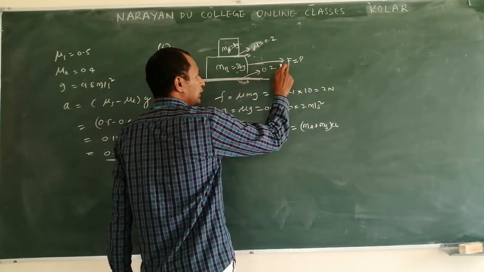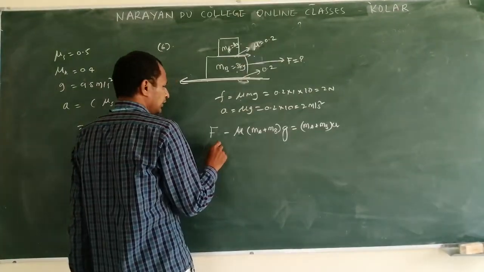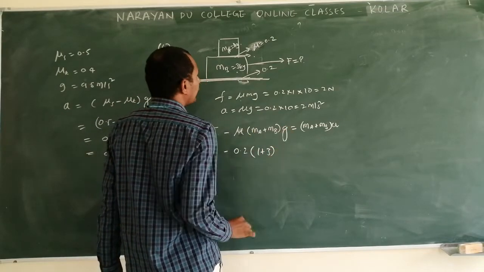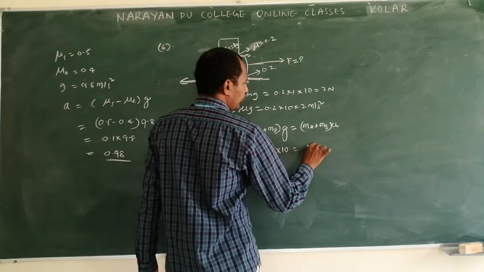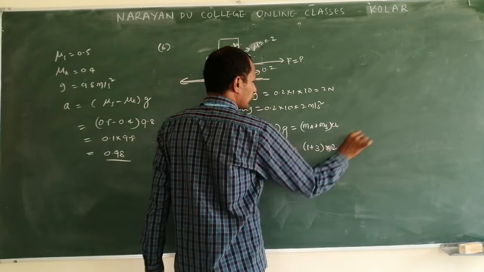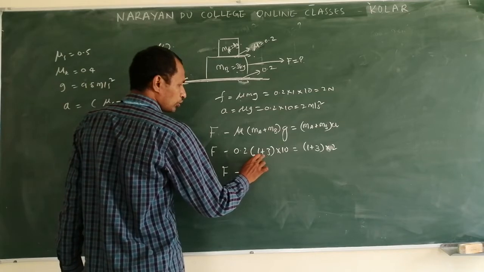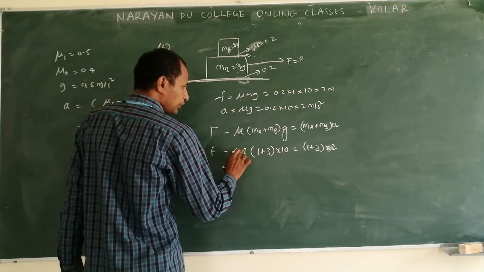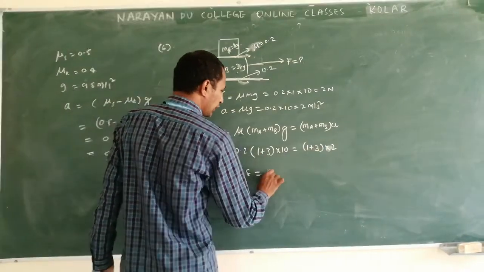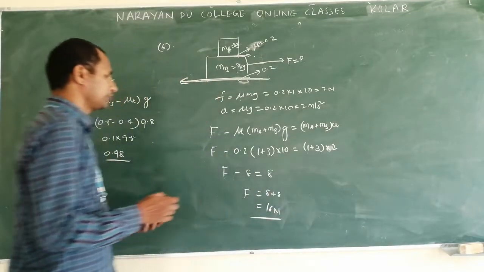When we apply this force, the two have to accelerate with the minimum acceleration, which is 2 meter per second square. Then F is equal to 0.2 into 1 plus 3, into 10, plus 1 plus 3 into a. a is 2. So F minus 0.2 into 10, 2 into 4, 8, is equal to 8. F is equal to 8 plus 8, 16 newtons.